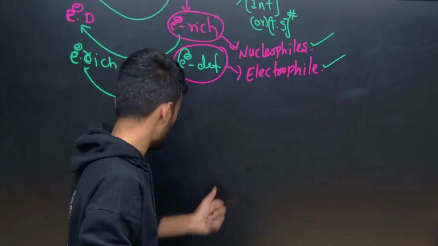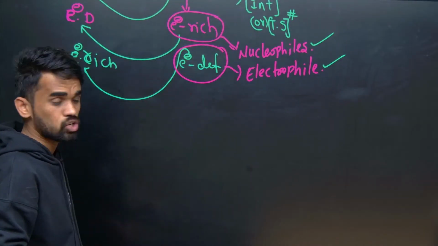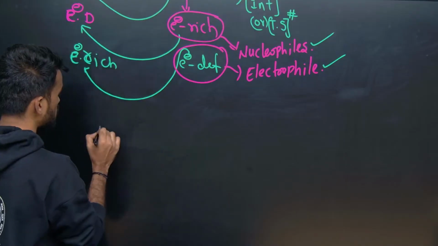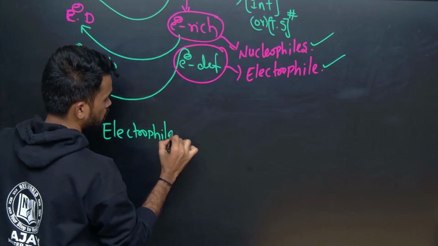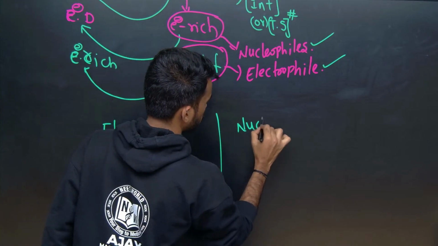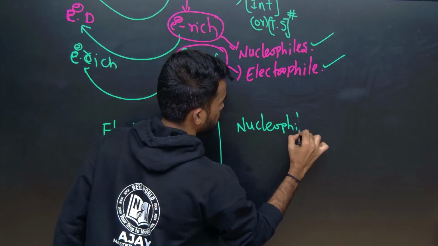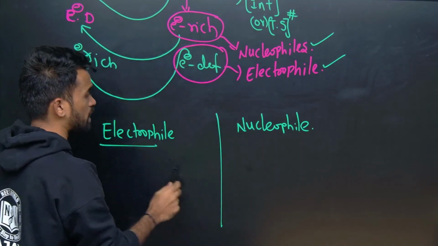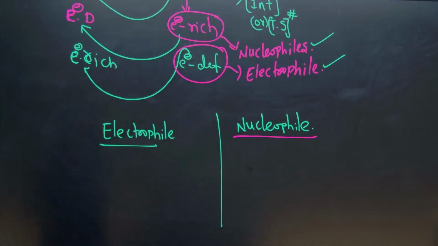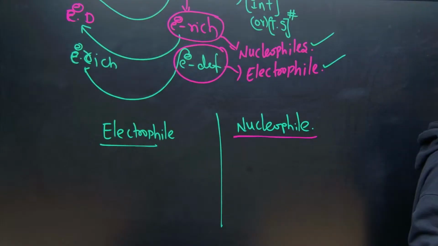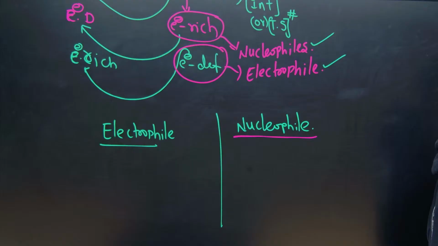So let us understand these reagents, electron rich and electron deficient species, that is, electrophile and nucleophile. If you know anything about electrophiles and nucleophiles, just write in the comment box, I will be looking into it. Yes, anyone?